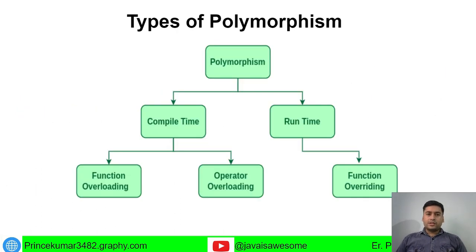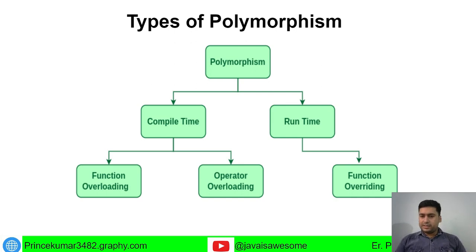Types of polymorphism. Polymorphism has two types: compile time polymorphism and runtime polymorphism. In compile time polymorphism, you can say function overloading or operator overloading, which means simply method overloading.